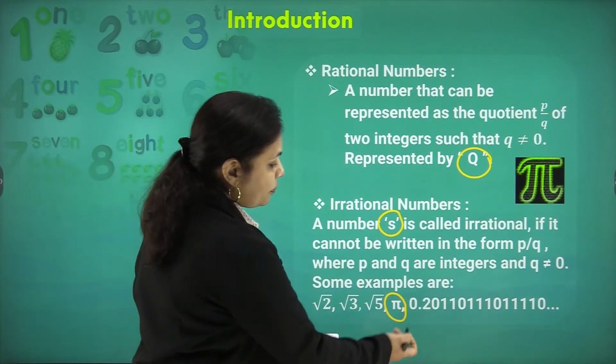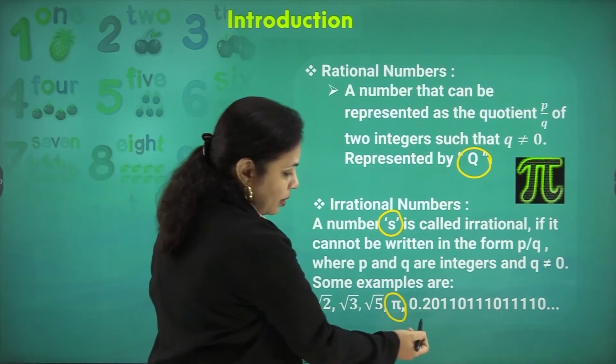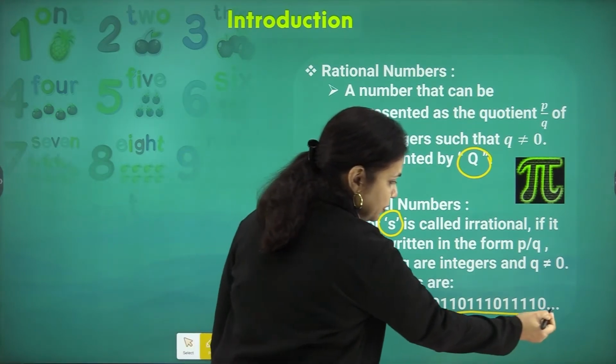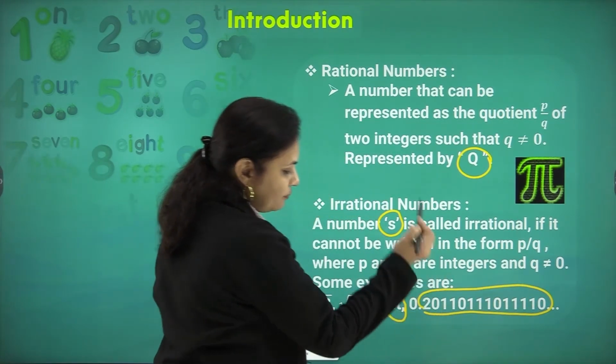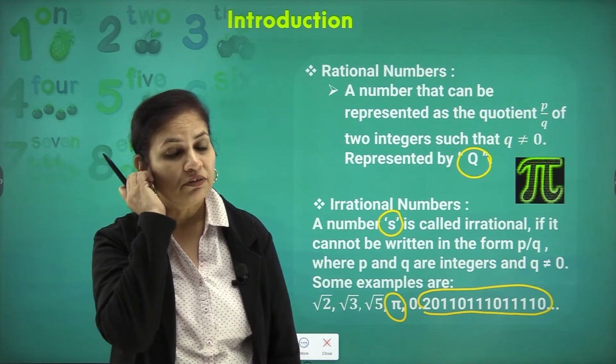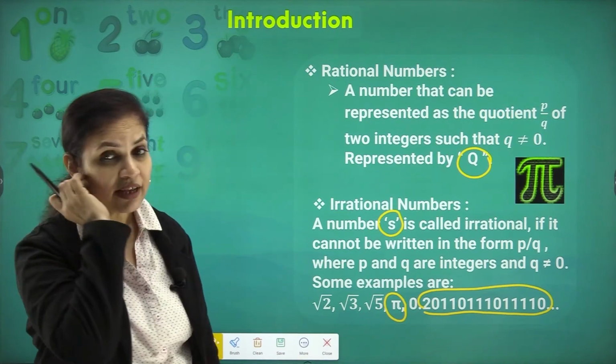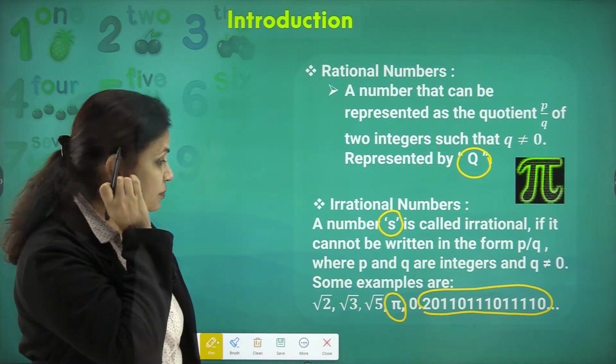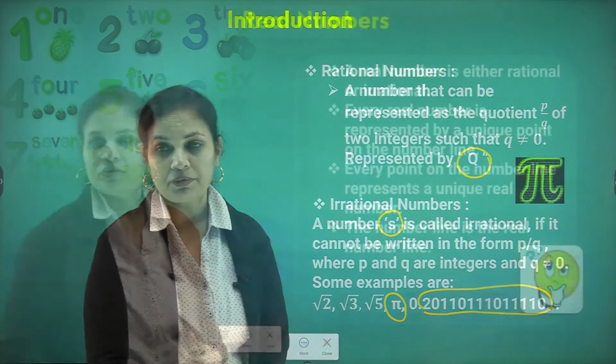As we can see, 0.2110, we cannot even observe a pattern. There is no pattern involved, and the decimal values go on infinitely. So that is why it is an irrational number.